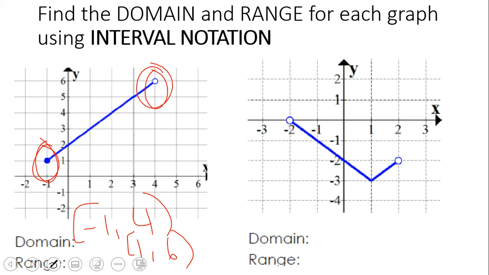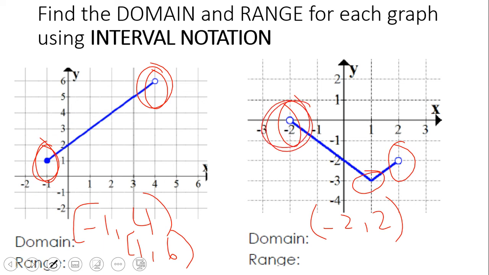How about the graph on the right? Domain means x's. Here's the first x, here's the last x. The smallest x appears to be -2, where the largest is +2, because they're open circles, parentheses for everybody. How about the range? Here's the lowest y value, here's the highest y value.